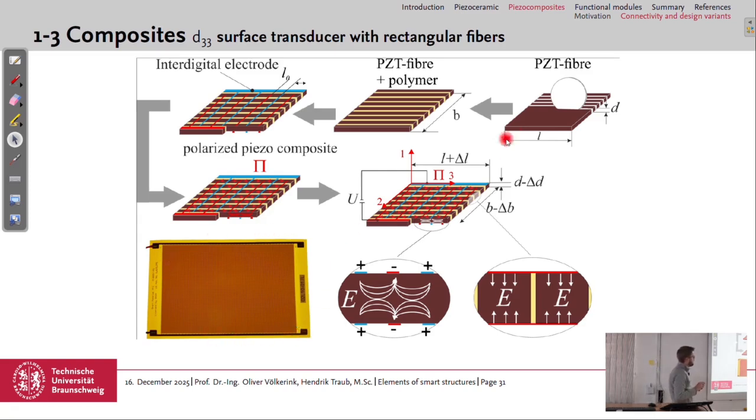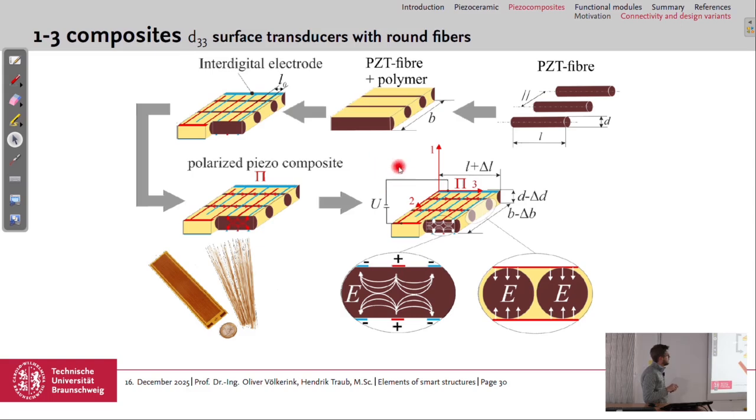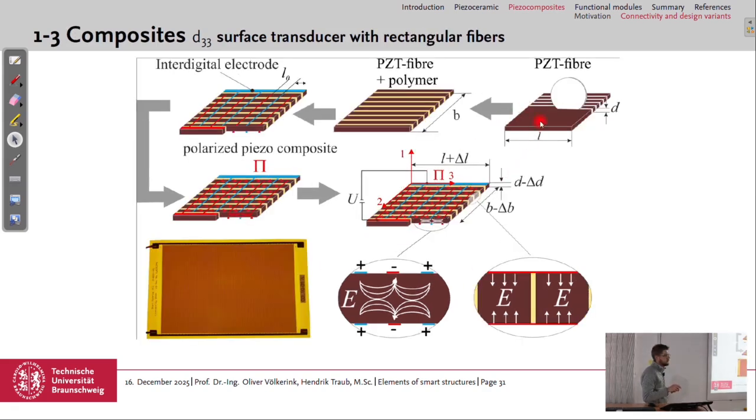What could be the benefit of rectangular fibers compared to round fibers? What do you think? Less fibers, yeah. I would say it's easier to manufacture, because round fibers have to be fixed during production, otherwise they would roll away, and rectangular fibers stay better in place if you place them next to each other.